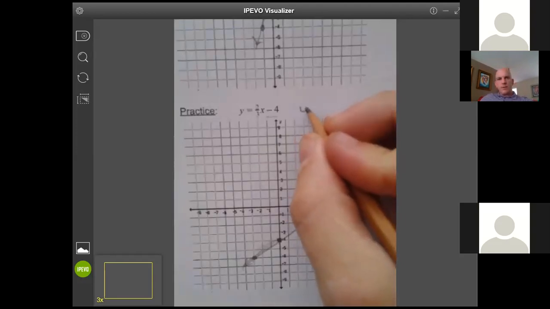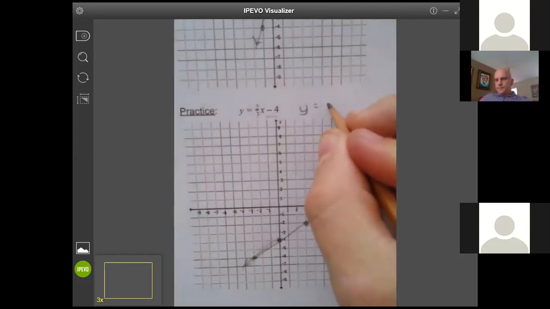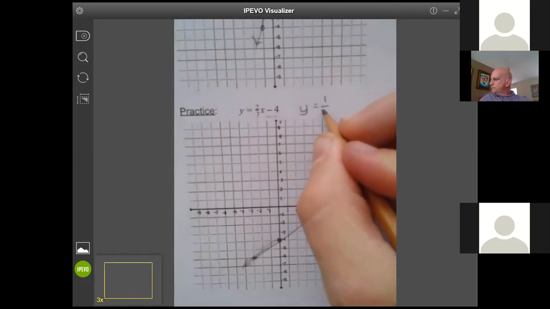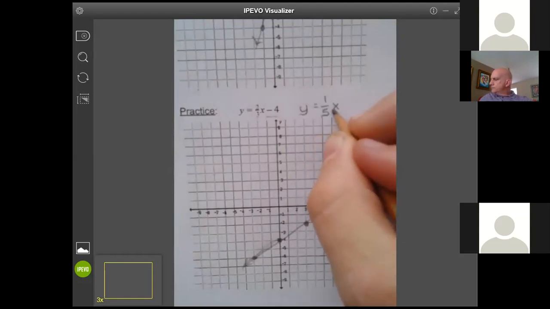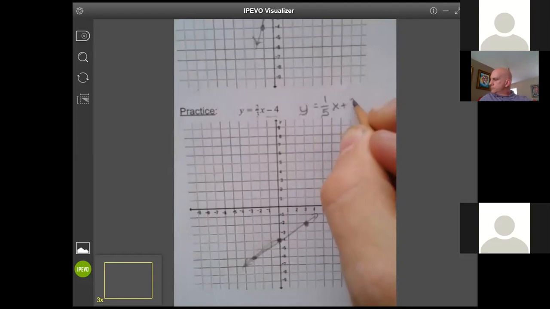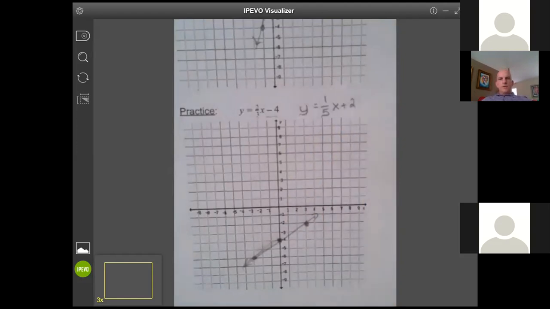If I write this equation, y equals 1/5 x plus 2, what would be my first point? Okay, the first point would be the fraction 1/5. Not yet. We actually use this information first. It's the second thing listed, but it's the first thing we graph.